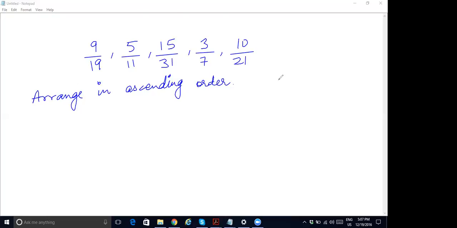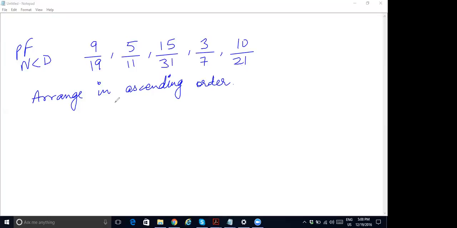So in these kinds of problems, whenever we are given a proper fraction, that means the numerator is less than the denominator, and all of these are more or less similar in the sense that the numerator is less than half of the value. We can get a numerator which is greater than half.